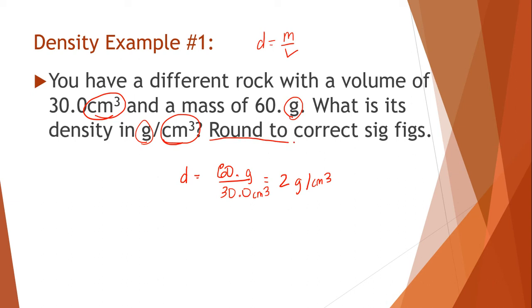Now don't forget about this last sentence, round to the correct number of sig figs. We're dividing, so we should recognize 60 has 2 sig figs. This one has 3 sig figs, so my answer has to have 2. So in order to make this have 2 sig figs, you can do 2.0 grams per centimeter cubed.